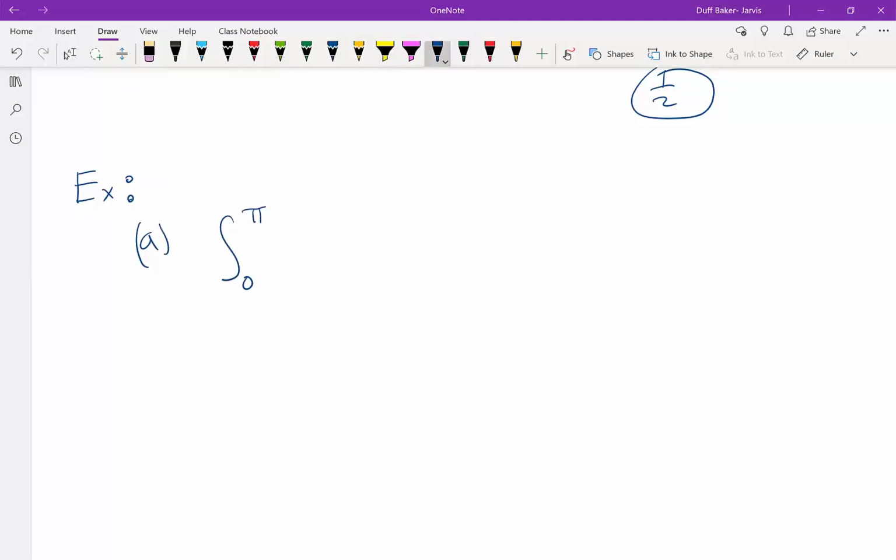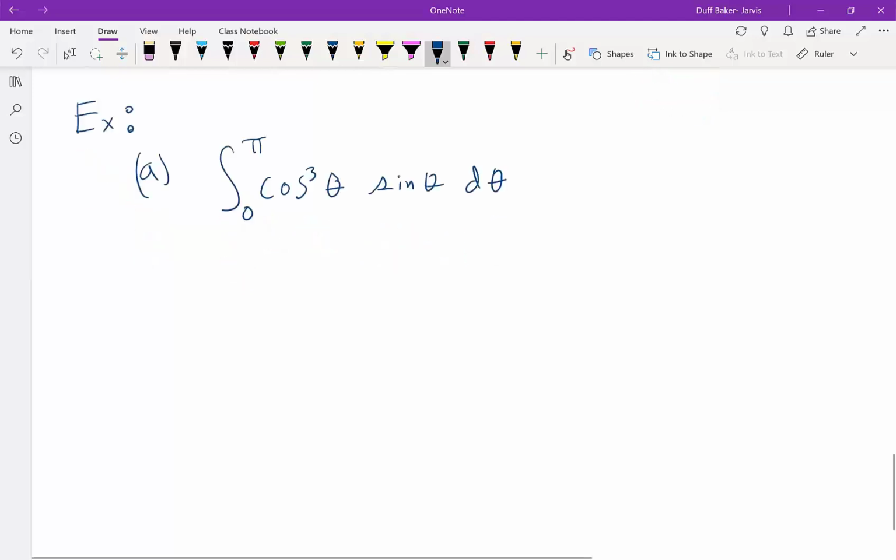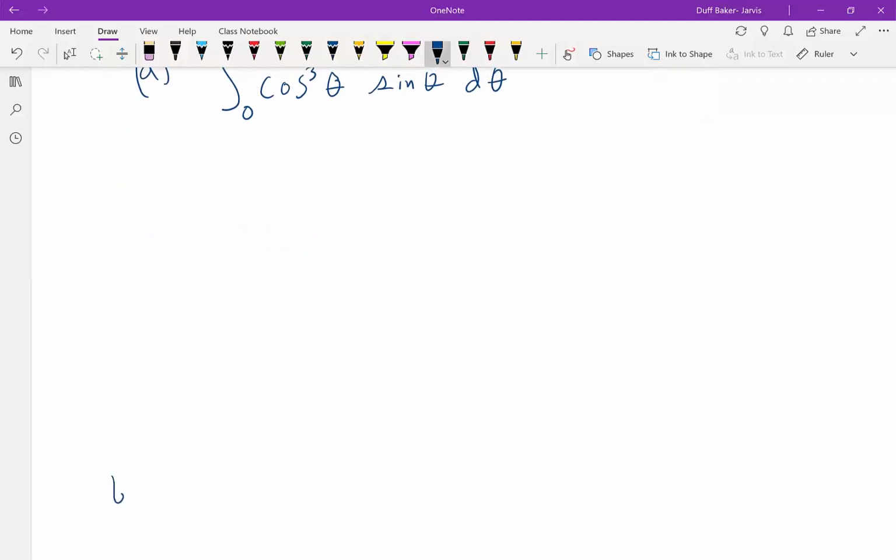This is something where you just have to see a lot of examples and get the hang of choosing the g and the g prime. Well, you're really only choosing g and making sure that g prime is there. So here I have cosine cubed of theta times sine of theta d theta from 0 to pi. And then we'll do another one.